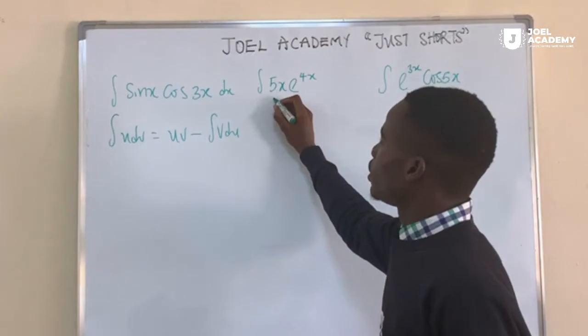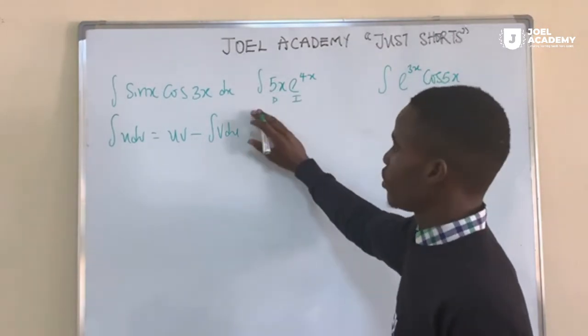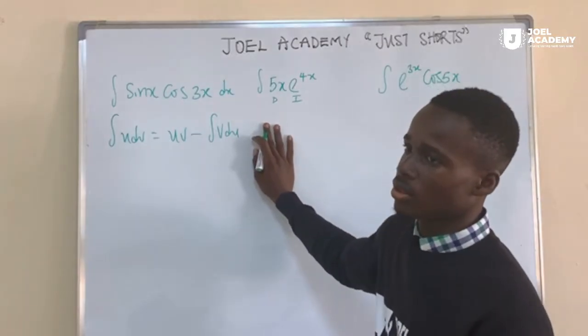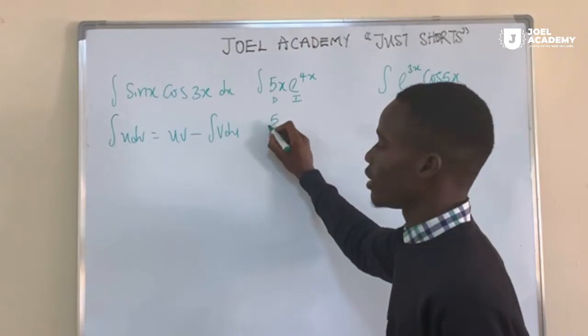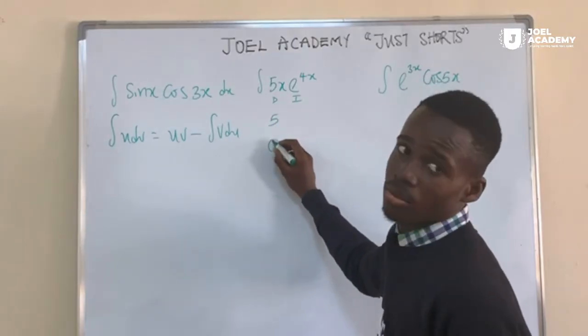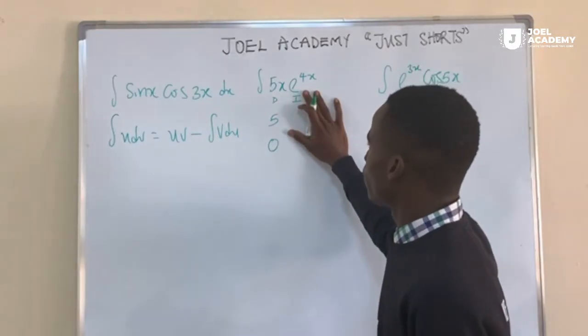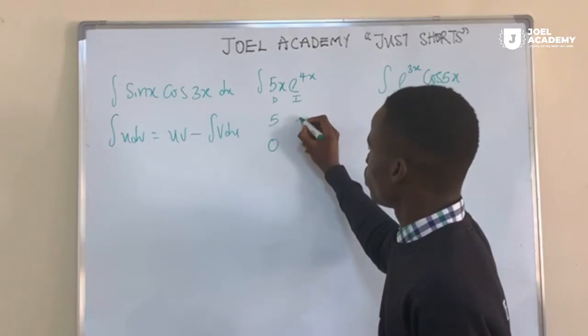You differentiate this and you integrate this, right? The one involving x, you differentiate the one that, yes, and you integrate this. So when we differentiate 5x, we get what? 5. When we differentiate 5, we have what? 0, right?